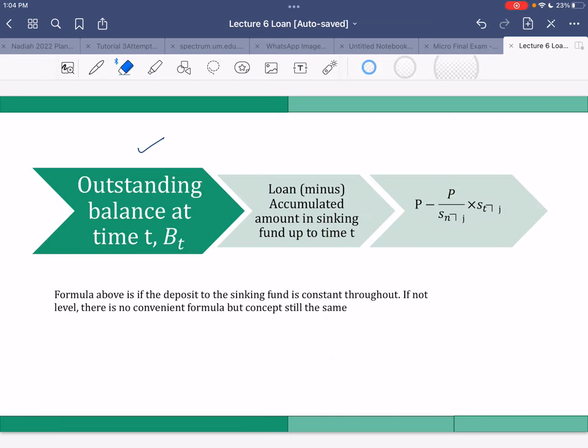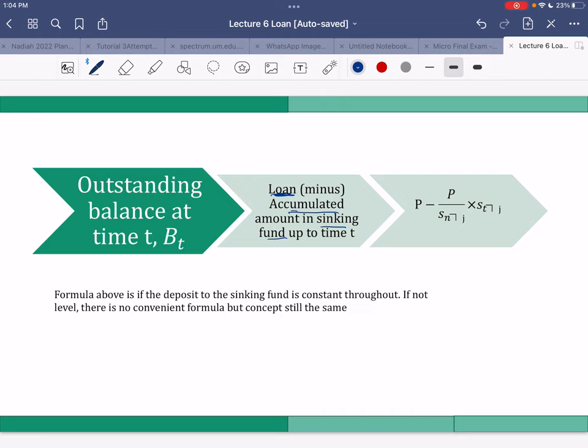This is how we find the outstanding balance for a sinking fund method. It is basically the loan amount minus whatever is already accumulated in the sinking fund up to time t.